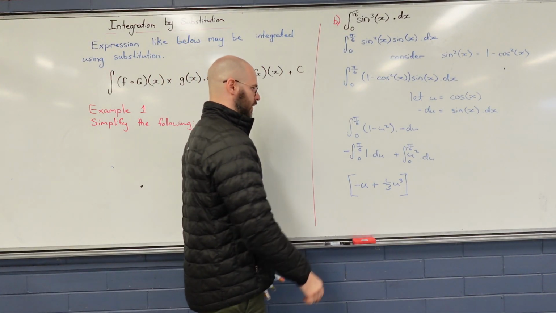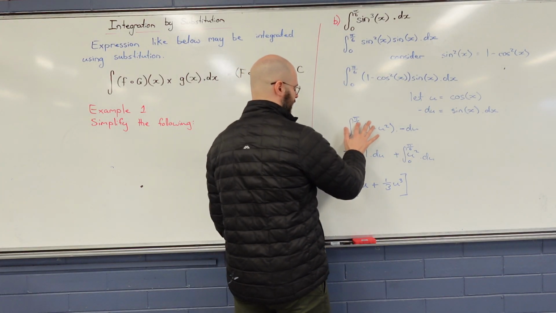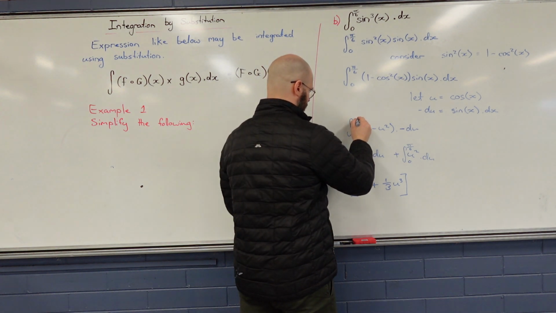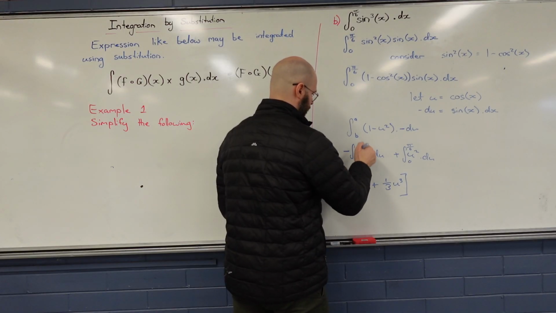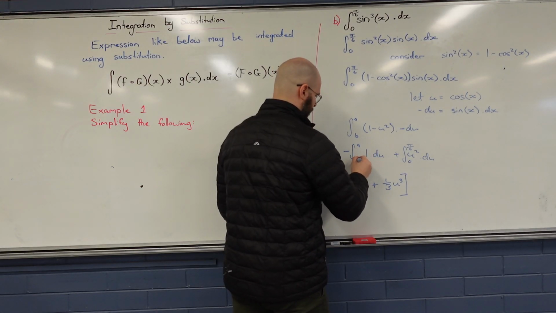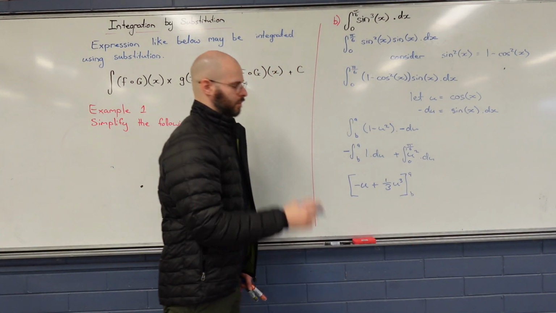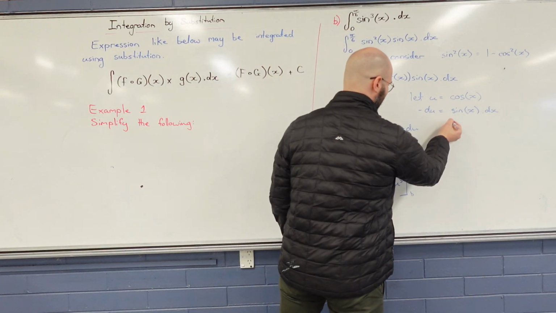Probably, because if we sub this into u, they're not going to make any sense. So instead, I always do this at first. I should have changed them. I'm going to call them a and b for now. What are a and b? Different values. Do I care what a and b are?